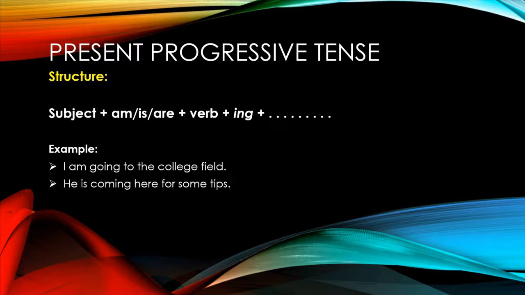Next example: he is coming here for some tips. The way we have done this example, you can see the structure. With I, we added am here. He is third person, so we added is here. So this thing goes on. You already know this.